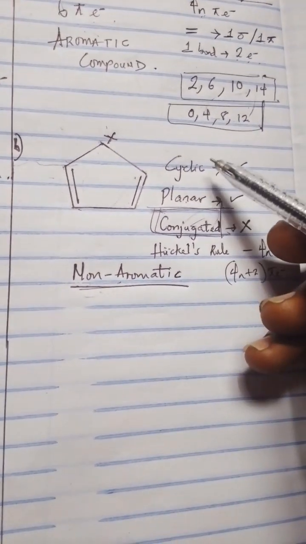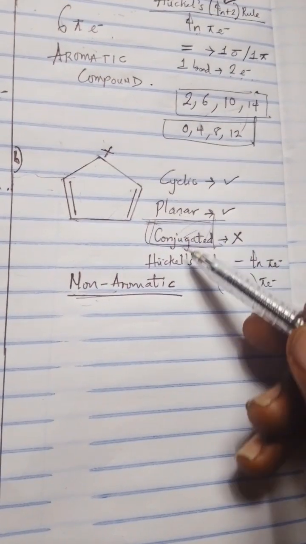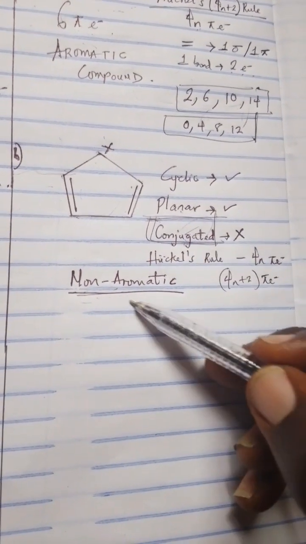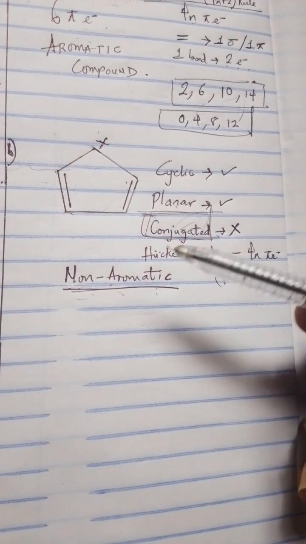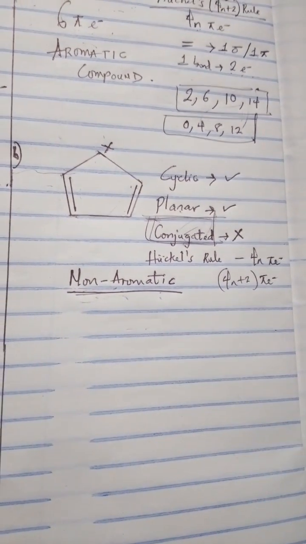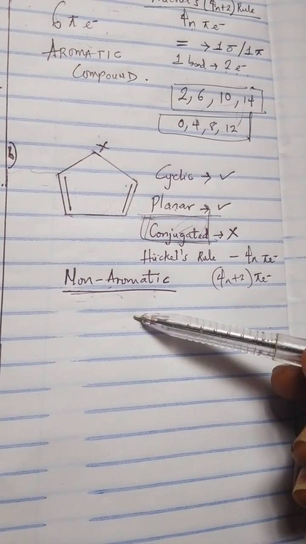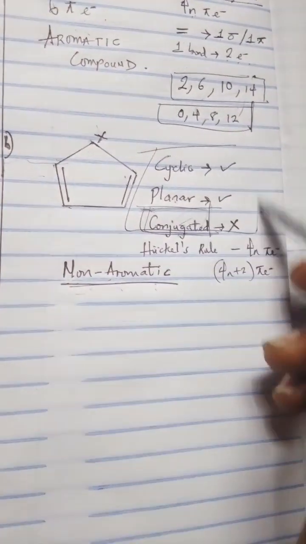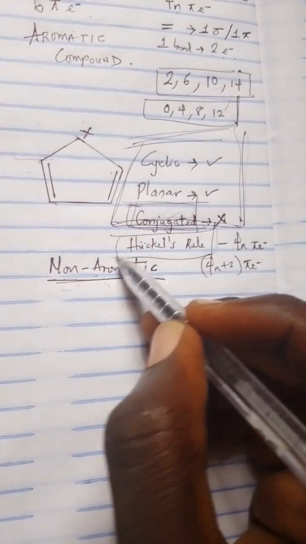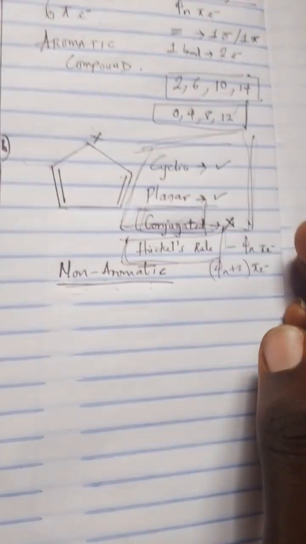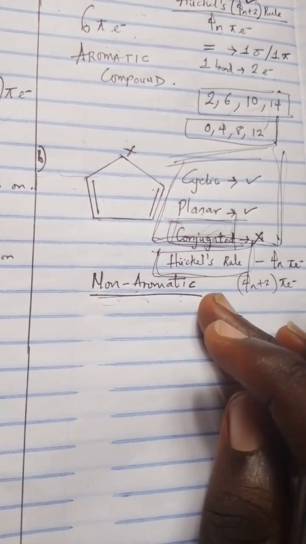Some non-aromatic compounds can be cyclic, can be planar, but once they are not conjugated, they are non-aromatic. You understand? Both anti-aromatic and aromatic compounds obey these first three tests, but Huckel's rule differentiates between them. Hence, this compound here is a non-aromatic compound.